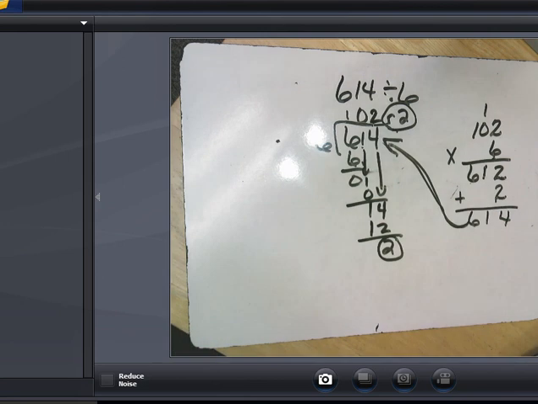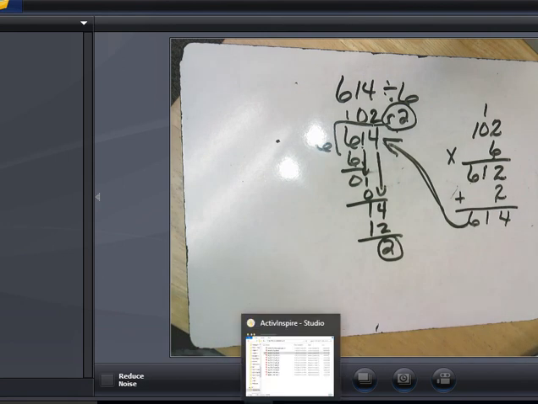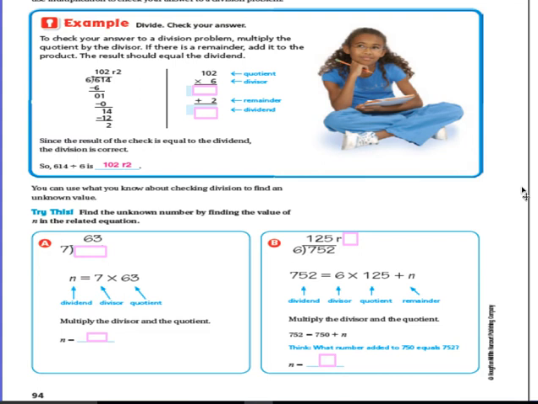All right, so there is another way to do it. So let's look at this. Here they did 7 times. This is another way to check your work or to write it. You can do n, because n, remember, is just a digit that I don't know, equals 7 times 63. We took the quotient times the divisor, and we should come up with n.